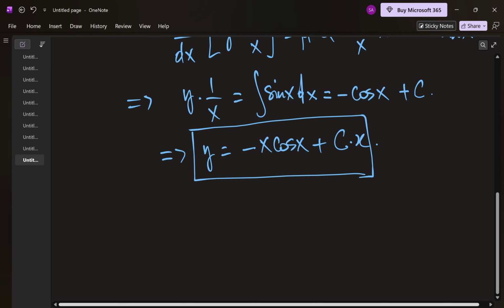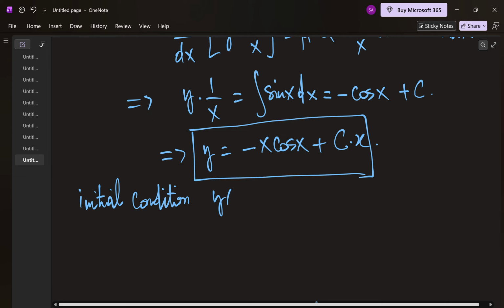Minus x cos x plus cx. So it is very easy and very quick compared with the first method. Now you have the initial condition y of pi is equal to 0.